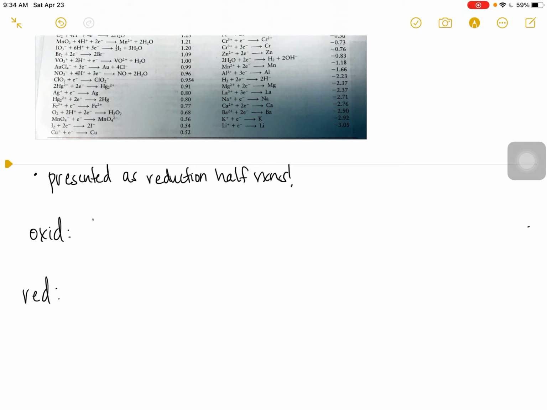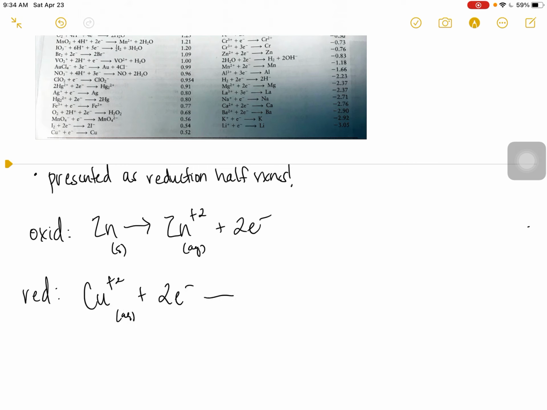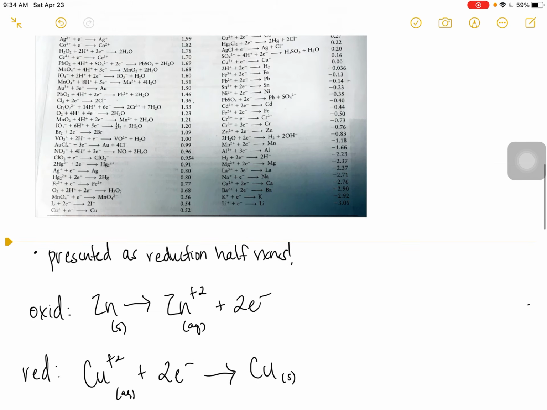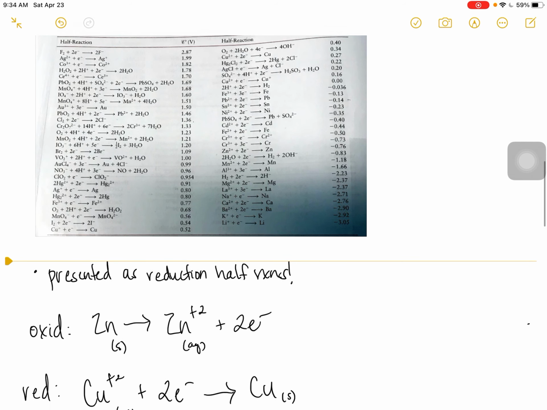The oxidation half reaction is zinc losing 2 electrons, becoming zinc plus 2. And the reduction reaction is copper plus 2 gaining 2 electrons, turning into copper solid. Okay, so we can calculate the cell potential if we know the oxidation and the reduction potentials.